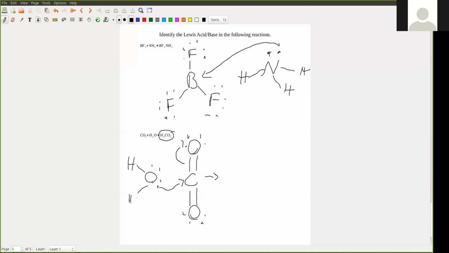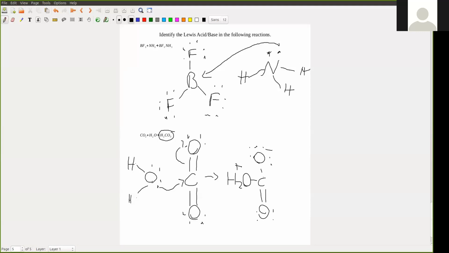You end up with this H2O bonded with a carbon, singly bonded with an oxygen, and doubly bonded with another oxygen. And you can put those there, and there should be a total of 6 up here, and this one should have a positive charge.